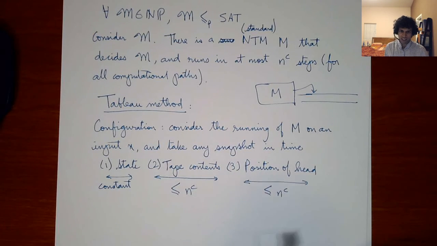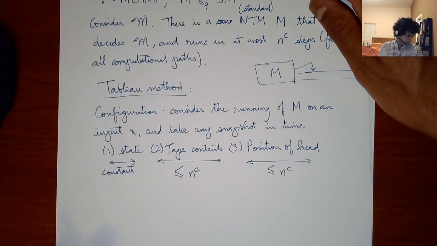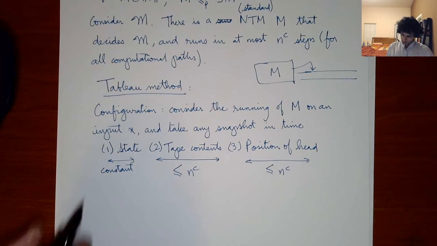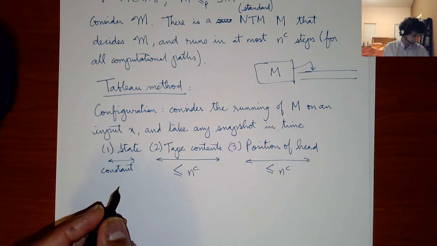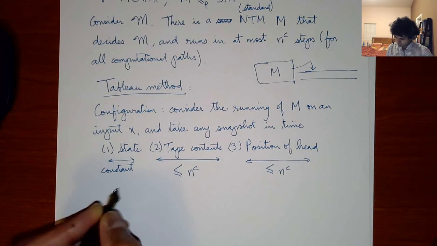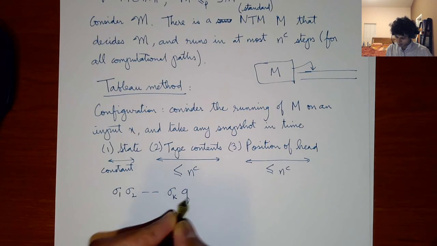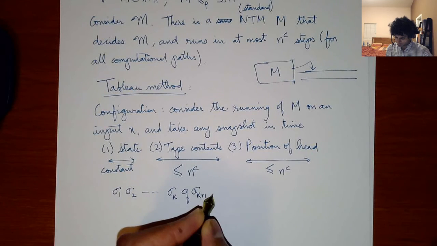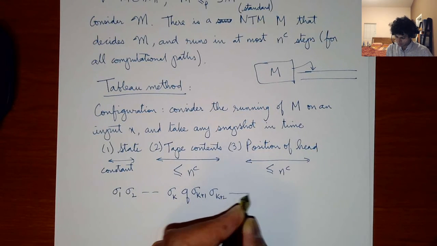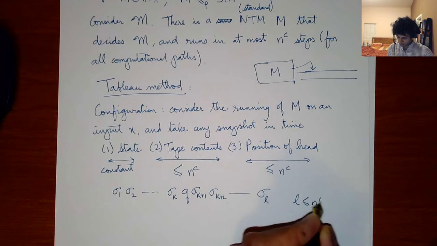Now let me actually write this out. I'm going to represent the configuration as a string of the following form: sigma 1, sigma 2, up to sigma k, q, sigma k plus 1, sigma k plus 2, up to sigma l, and l is going to be at most n to the c.